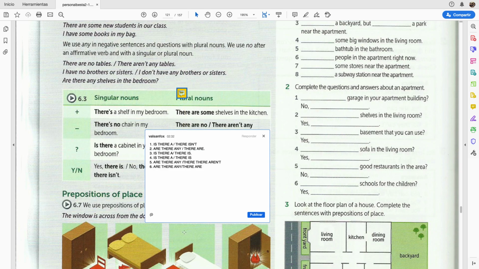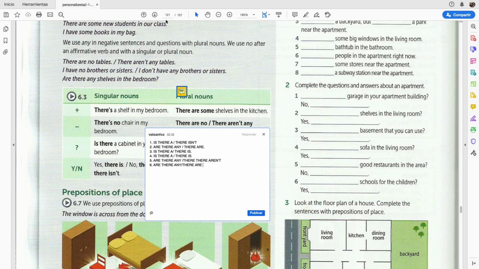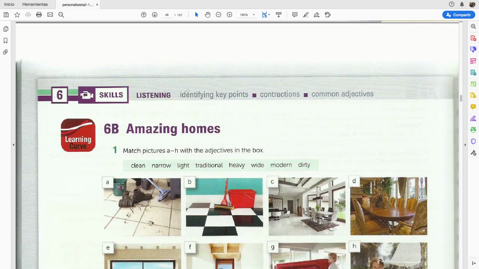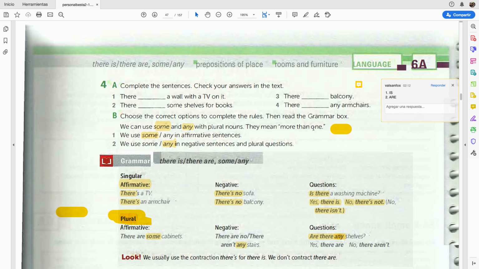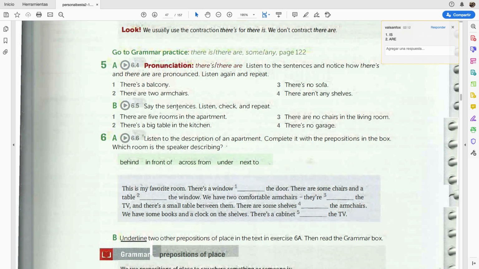Correct. And now we are going to go back to page 49 on your books. Now let's practice some pronunciation in exercise number 5.